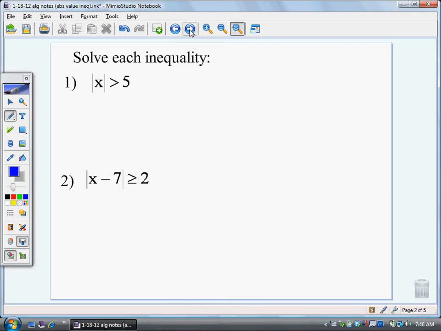This is a simple example where inside the absolute value symbol is just the letter x. That's all that there is. So if we do a quick little sketch of what a number line would look like. Now remember there are two numbers that have an absolute value of 5. You have the number 5 and you have the number -5. Well, you're looking for numbers whose absolute value is actually greater than 5.